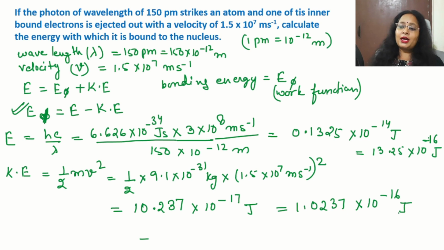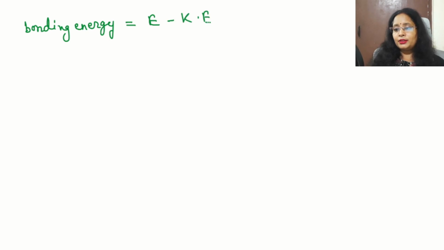Now the powers are equal, we can do the subtraction. Before that, we could not do the subtraction. Now start the subtraction. Bonding energy, which is equal to work function, is E minus kinetic energy.